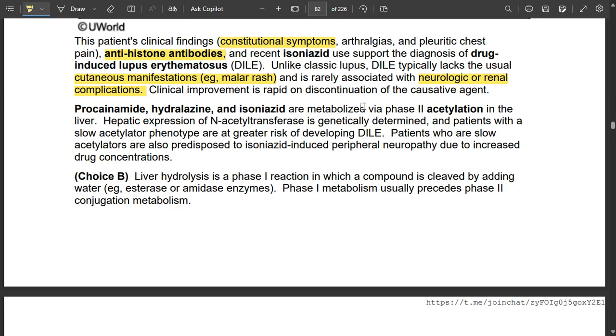Procainamide, hydralazine, and isoniazid are metabolized via phase 2 acetylation in the liver. Hepatic expression of N-acetyltransferase is genetically determined, and patients with slow acetylator phenotypes are at greater risk for developing DIL.